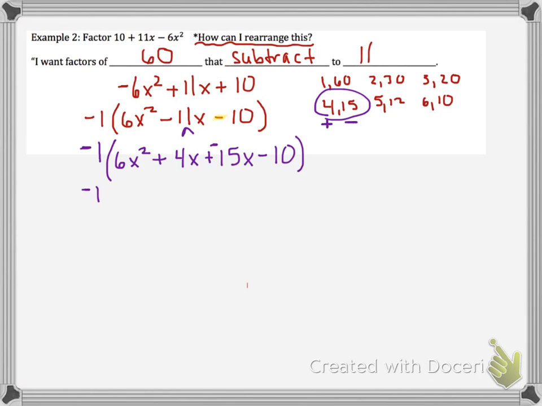and then I'm going to try and pull out a common factor here, and the common factor in there would be a 2x, and that would give me 3x plus 2. Then I would move on to the next piece, and I'm looking at a common factor between here, and that would give me a negative 5, and then that would give me a 3x plus 2.